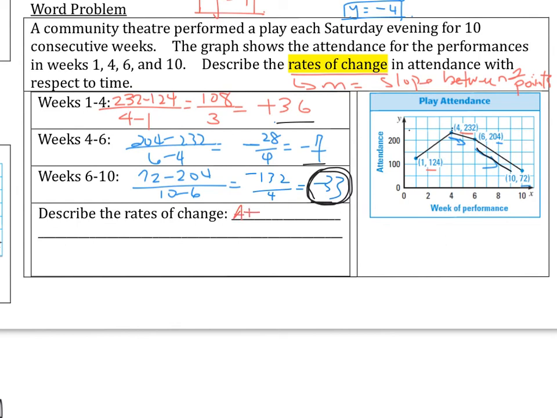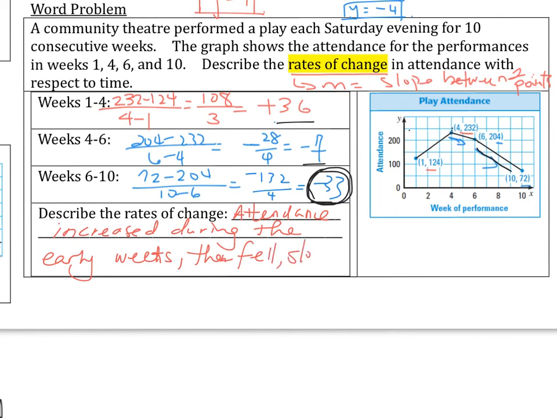Okay, so let's describe the rates of change in words. The attendance increased during the early weeks, then fell slowly at first, then rapidly, meaning very quickly.